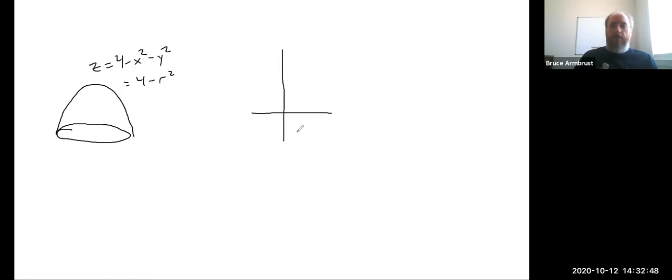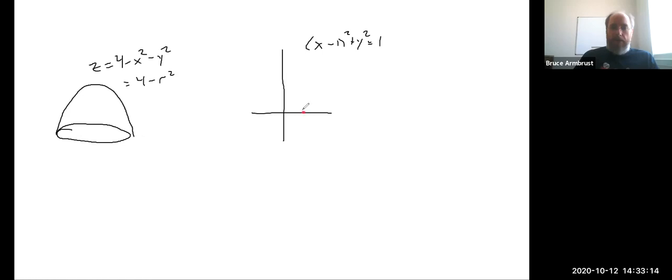Okay, so then here's my second picture. My second picture is the one that shows me my region. They said we wanted a volume under this that was within (x minus 1) squared plus y squared equals 1. Well, that's a circle. It's radius 1, and it's centered at (1, 0).